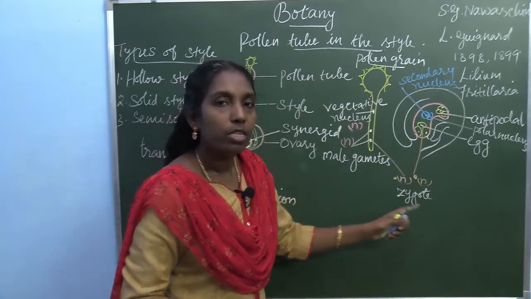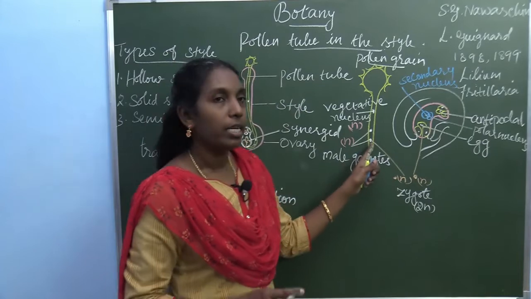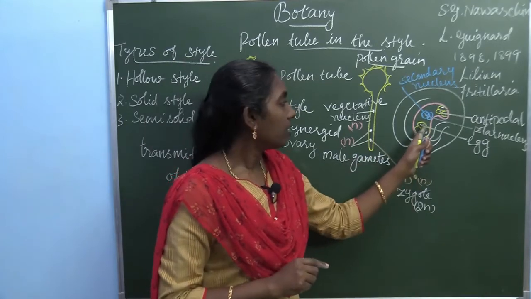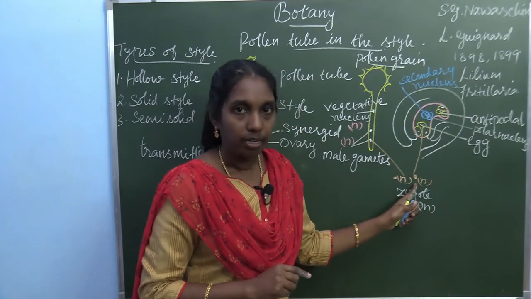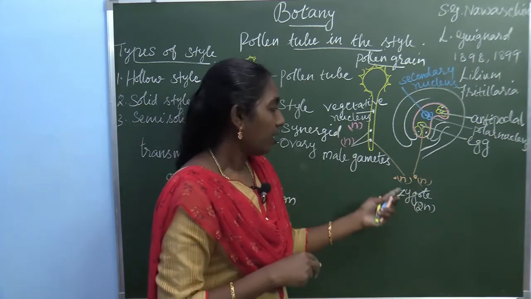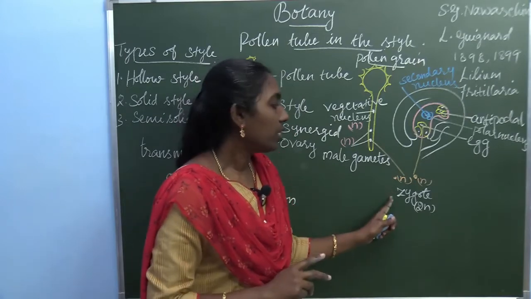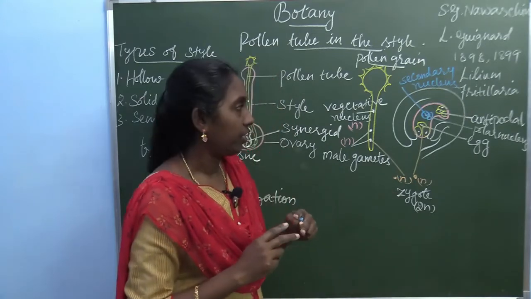Now, the zygote is 2N, diploid, because the male gamete is N and this egg cell is N, haploid. Both the haploid cells fuse together and it becomes diploid, 2N. So, the zygote is 2N, diploid condition.